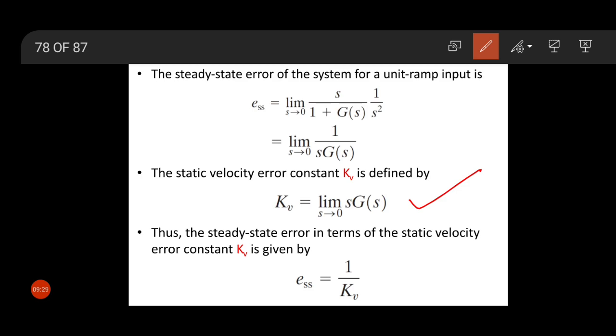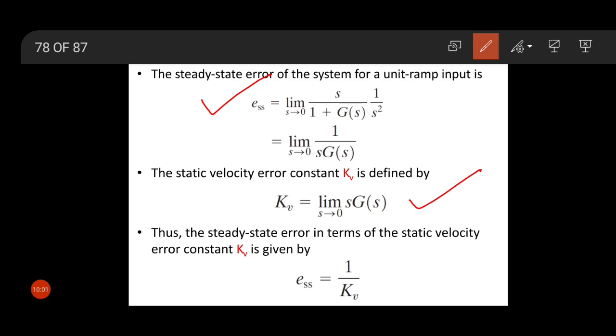So see here the steady state error of the system for a unit ramp input. The steady state error for unit ramp input is defined by this equation: ESS equal to limit s tends to 0 s divided by 1 plus G(s), and into 1 by s square, because here the input is unit ramp, that's why this is 1 by s square.